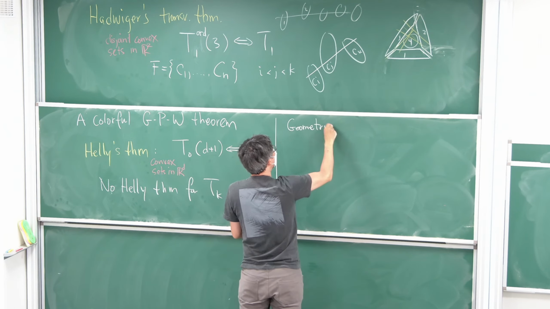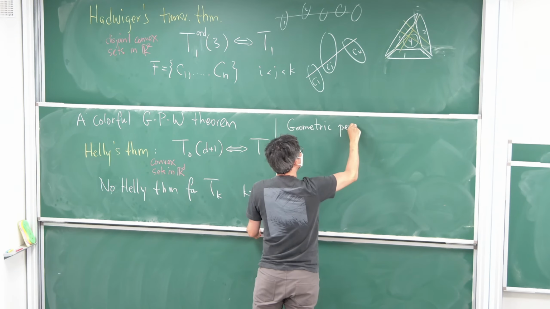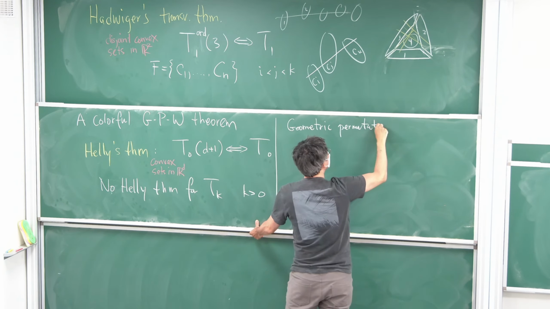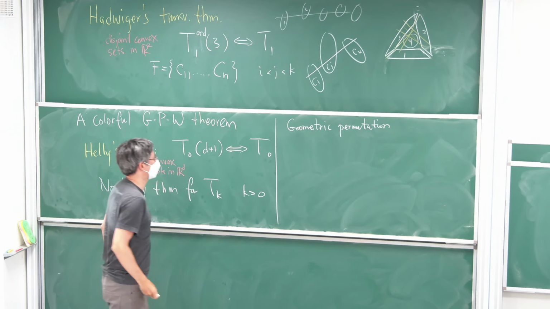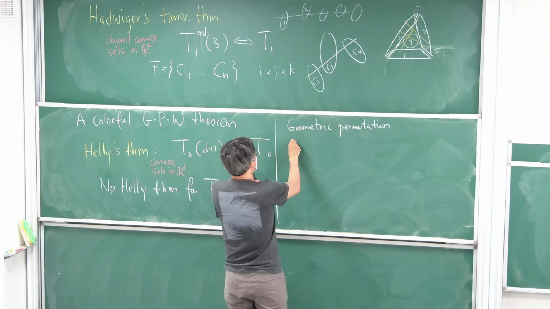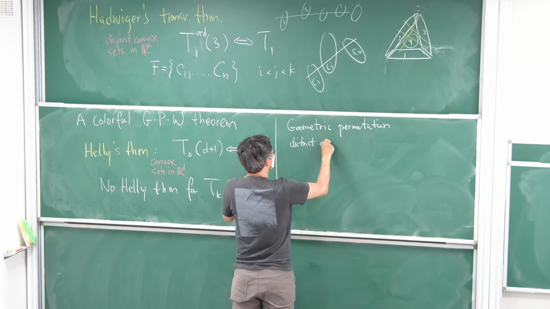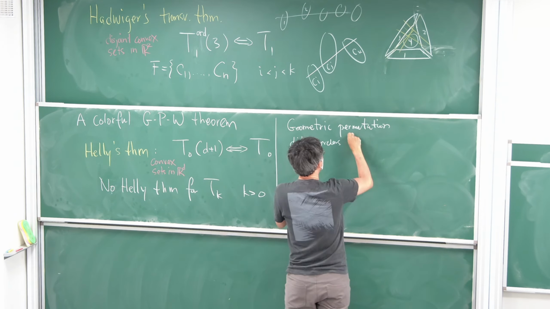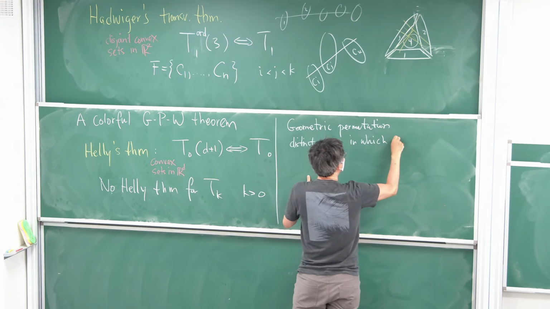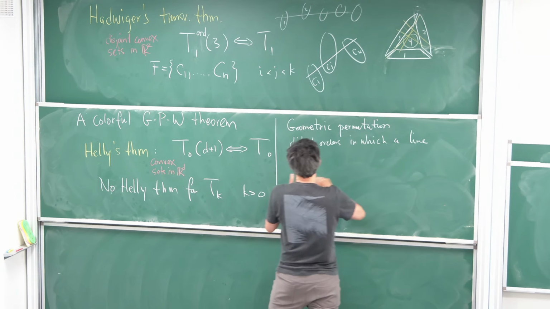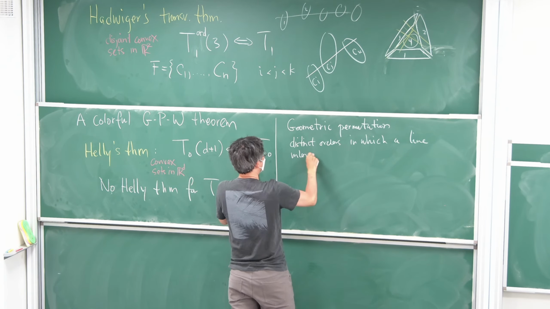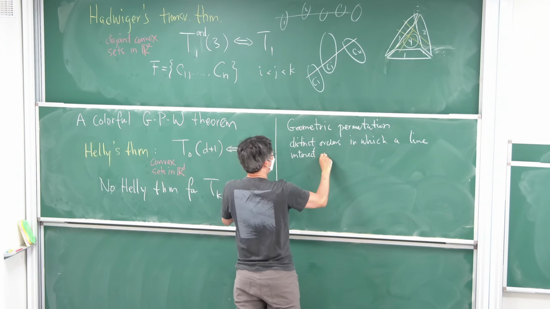Geometric permutation, which is the distinct orders in which a line intersects n convex sets.